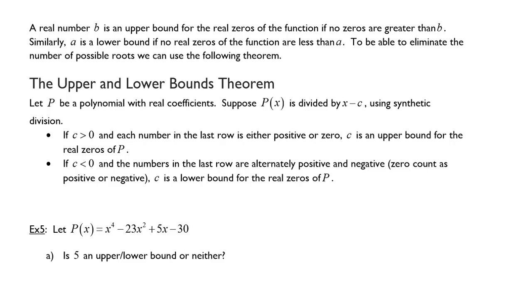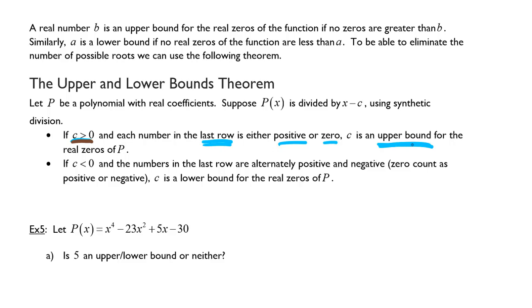Using synthetic division, if c is greater than 0, and each number in the last row of synthetic division is either positive or 0, c is an upper bound for the real zeros of p. That would mean that anything greater than c can be thrown out.